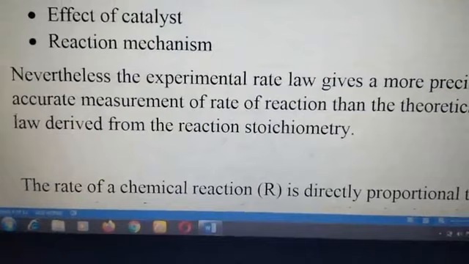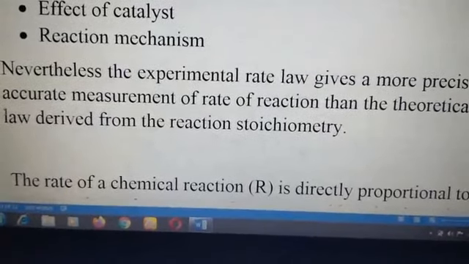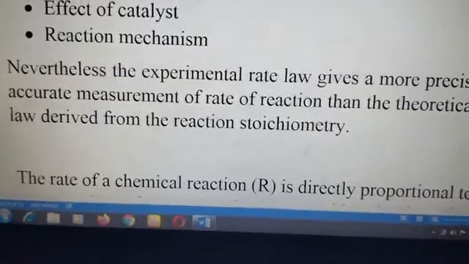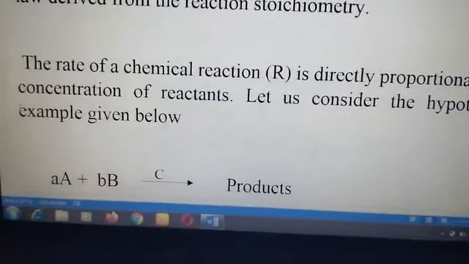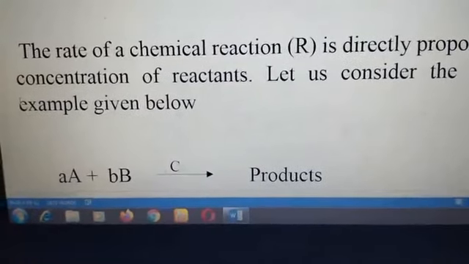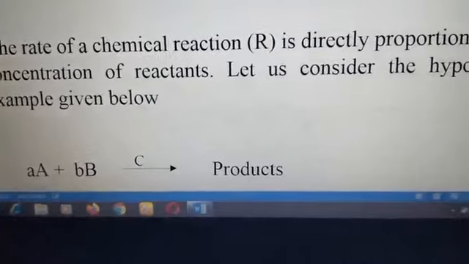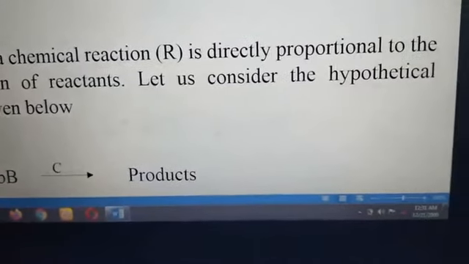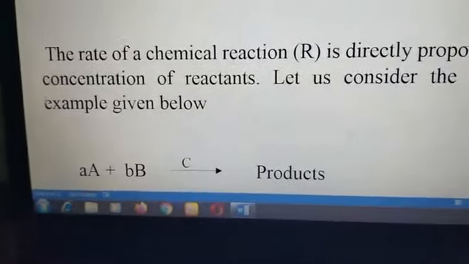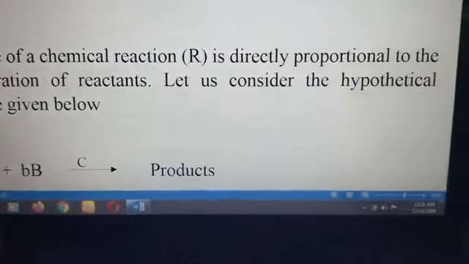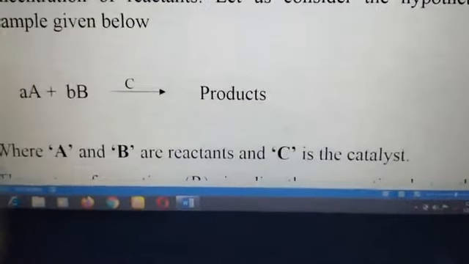So the rate law derived from experiment is more accurate than the one derived from the balanced equation. So let's continue. The rate R is directly proportional to the concentration of the reactants, as we have said before. Now let us consider the hypothetical example given below.